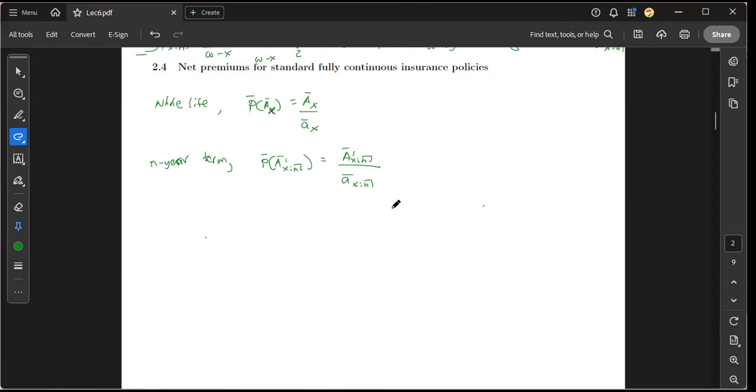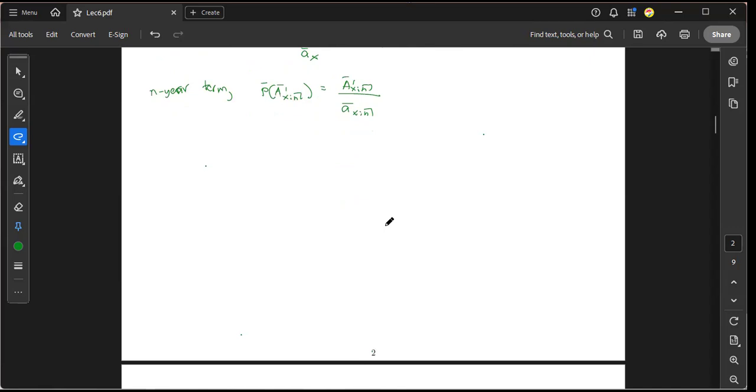Then we can discuss two more cases. The pure endowment case, n year pure endowment. Again, a continuous premium. The pure endowment notation is this.